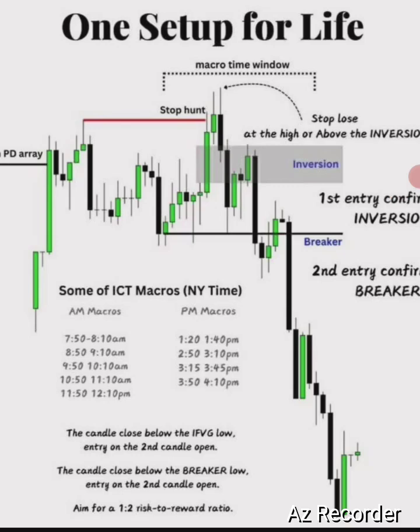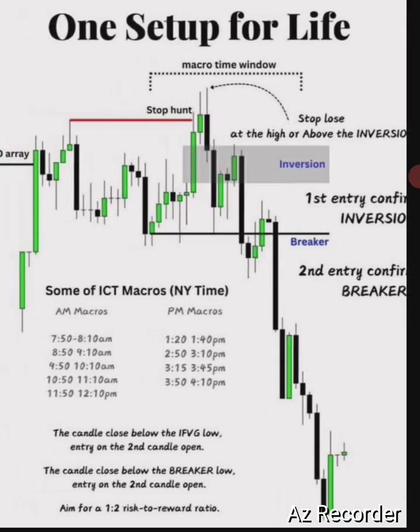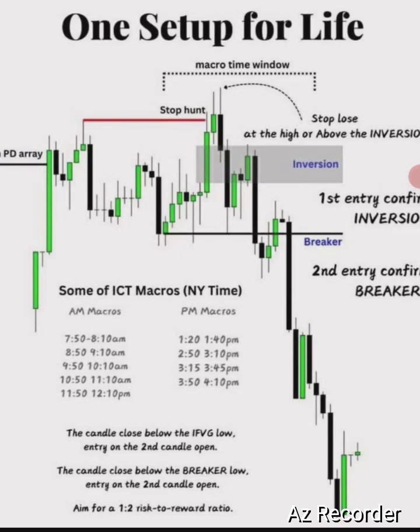Yes, that is in the morning session in New York time. So the PM macros: 1:20 or 1:50 PM, or 2:50, or 3:10, or 3:15, or 3:55, or 3:50, or 45 or 50, something like that.